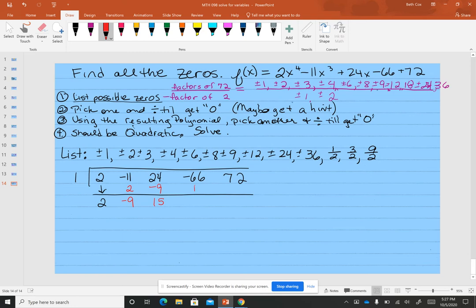And then 1 times 15 is 15. And that's going to give me a negative 51. 1's not working. All right, well, we'll try again. We'll get another number. And it may take us a while to get one. I don't know the answer to this one.